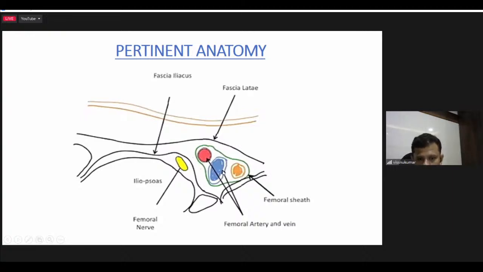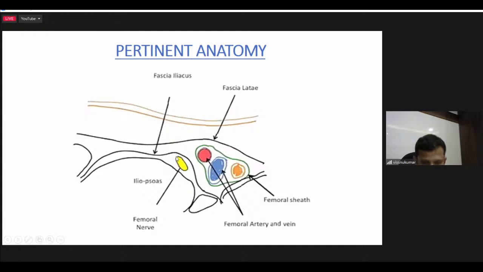So our goal when performing a femoral nerve block is to bring the needle from lateral to medial, and you have to cross both the fascia lata and fascia iliaca. You have to place your needle here so that your drug is deposited close to the femoral nerve.